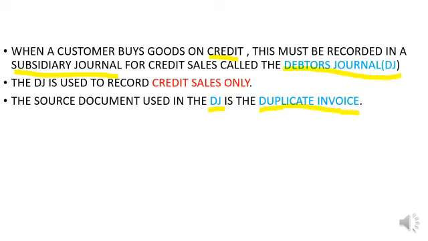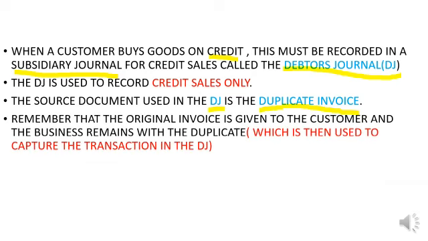Is shown on the duplicate, on the invoice, and this invoice is the duplicate which becomes our source document. Now remember that the original invoice is given to the customer, okay, and the business remains with the duplicate, which is then used to capture the transaction in the DJ.